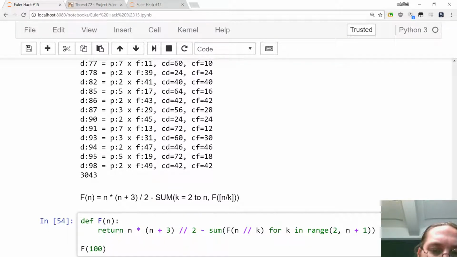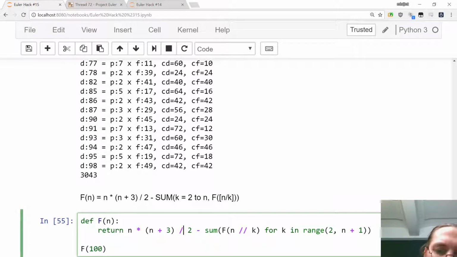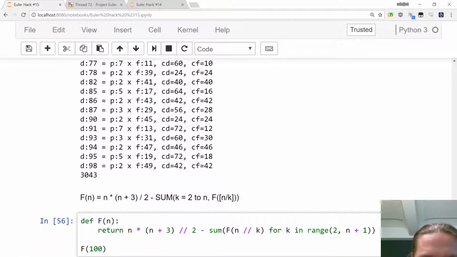It was too many before also. Of course, n and n plus 3 are odd and even, so it's always... But I don't get it. That n plus 3, that's magic, mysterious.